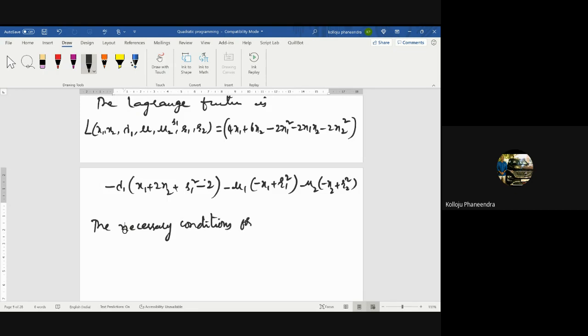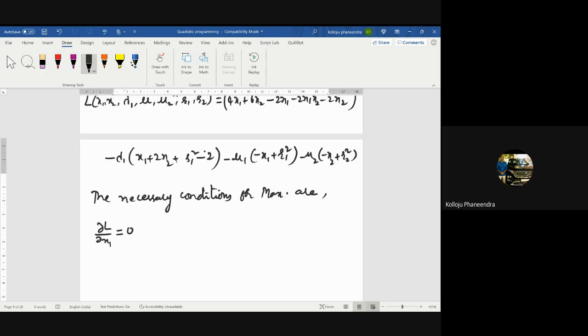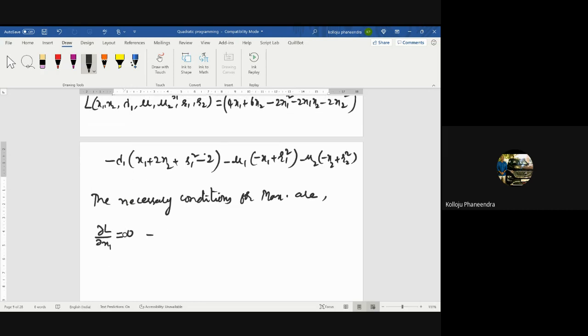for maximization are, what is the first one? Dou L by dou x1 equal to 0. Okay, I'm simplifying directly now. Dou L by dou x1 equal to 0 means 4 will be here, minus 4x1 is here, minus 2x2 is here.